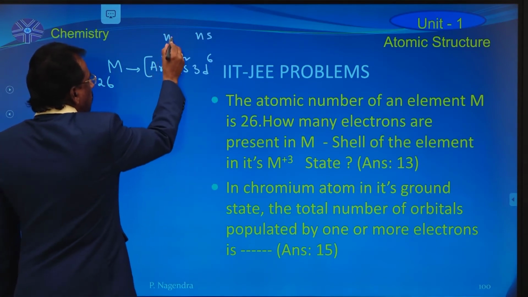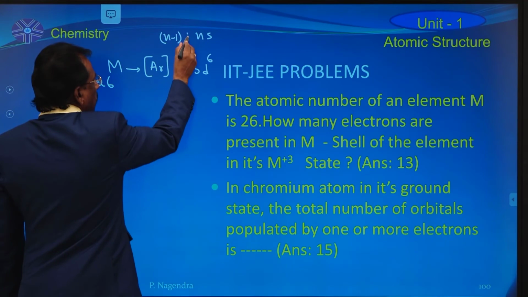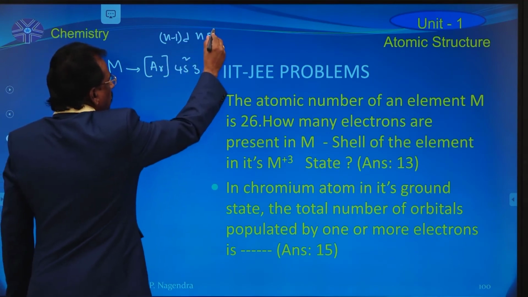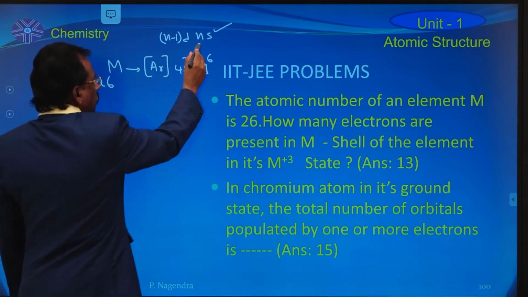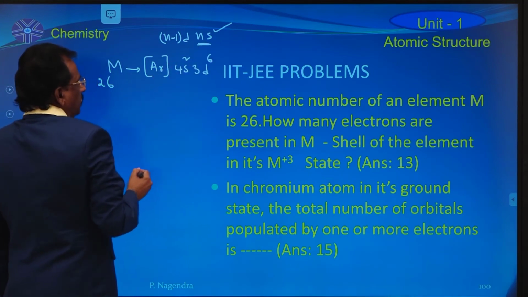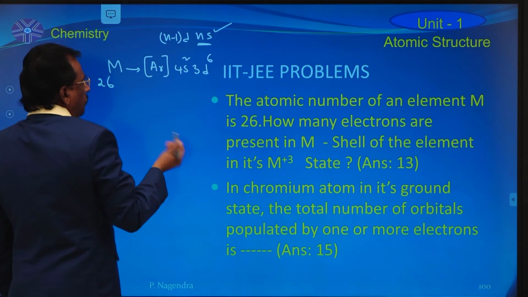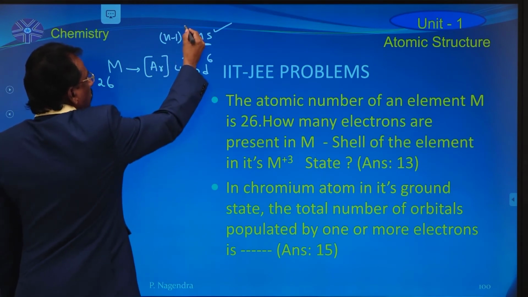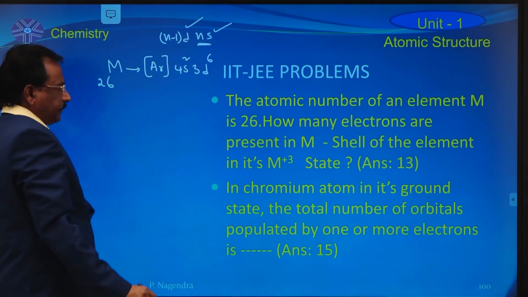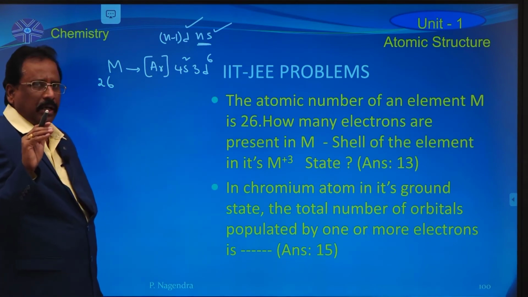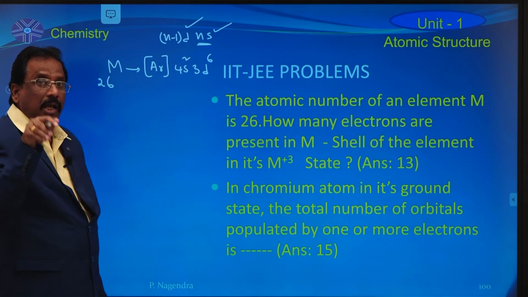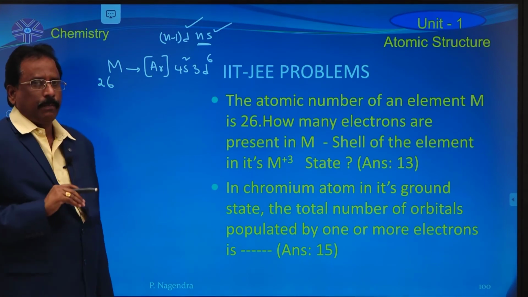The penultimate orbital is n-1 d. First remove the electrons from the ns orbital because this is outermost. After that, the remaining electrons are removed from the penultimate orbital. That is the concept while writing the electronic configuration of ions in d block.